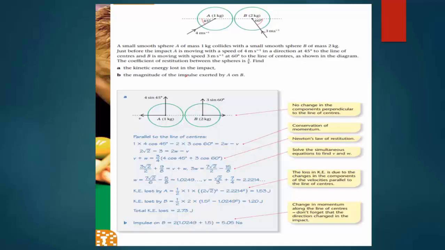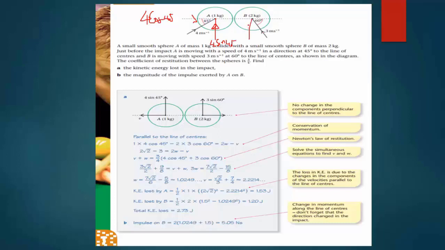So kinetic energy lost in the impact is equal to the final kinetic energy minus the initial kinetic energy. So again, if we just resolve, ukiresolve hii umeona hii inaenda juu, inakuwa ni 4 sin 45, while ukiresolve huku inakuwa ni 4 cos 45 kwa sababu it moves across.